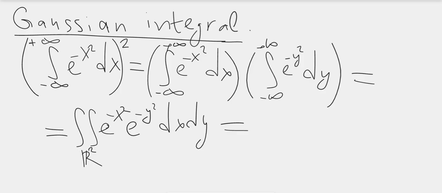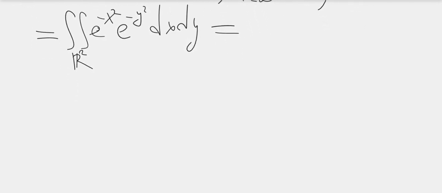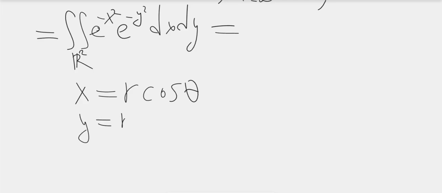This is a kind of standard substitution, so I'm not going to prove everything in detail, but basically the substitution is x equal to r cos theta, y equal to r sin theta.